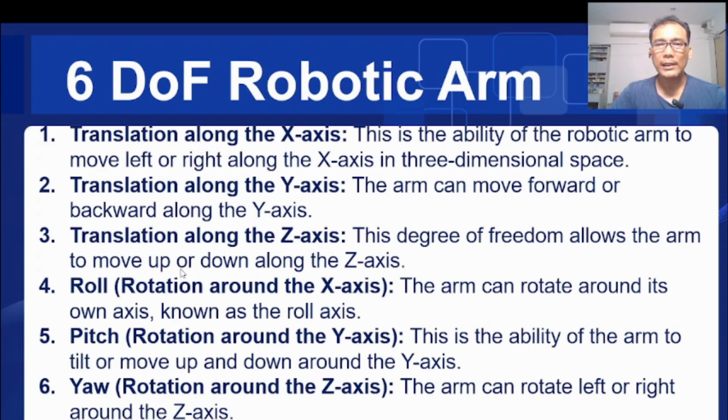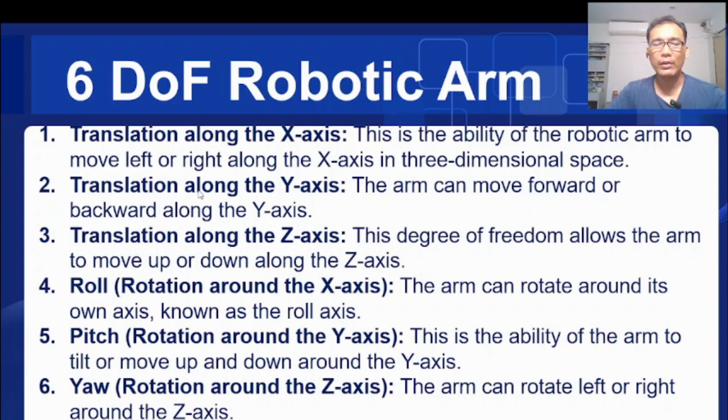So here is the breakdown of the 6 degrees of freedom. First is translation along the x-axis. This is the ability of the robotic arm to move left or right along the x-axis in 3-dimensional space.